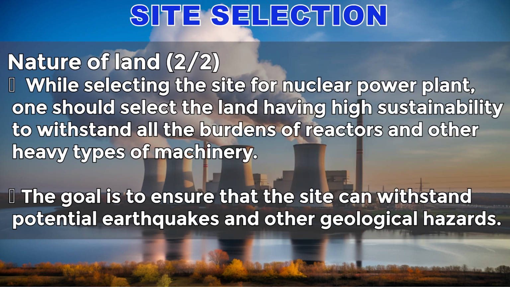While selecting the site for nuclear power plant, one should select the land having high sustainability to withstand all the burdens of reactor and other heavy types of machinery. The goal is to ensure that the site can withstand potential earthquakes and other geological hazards.